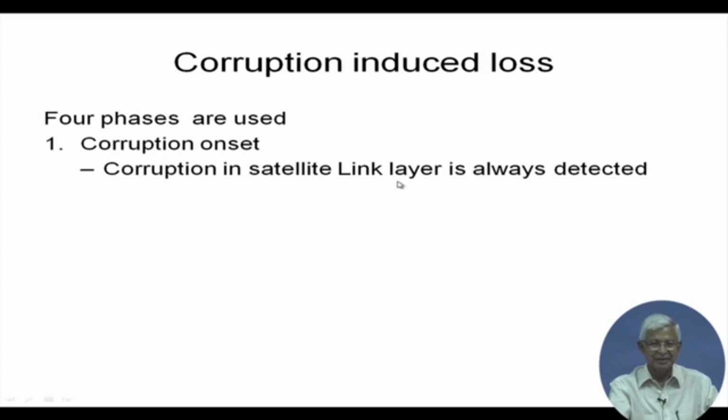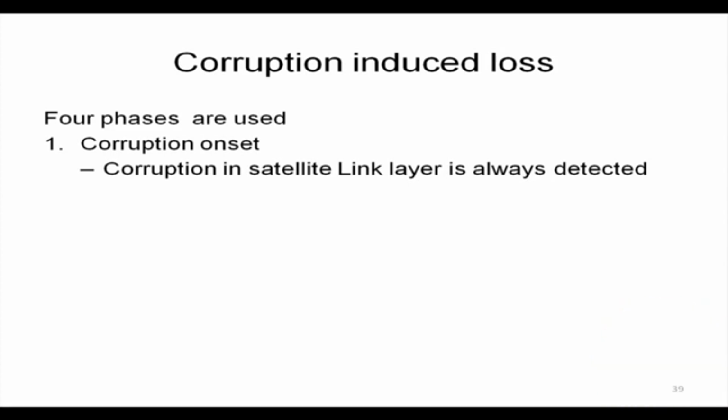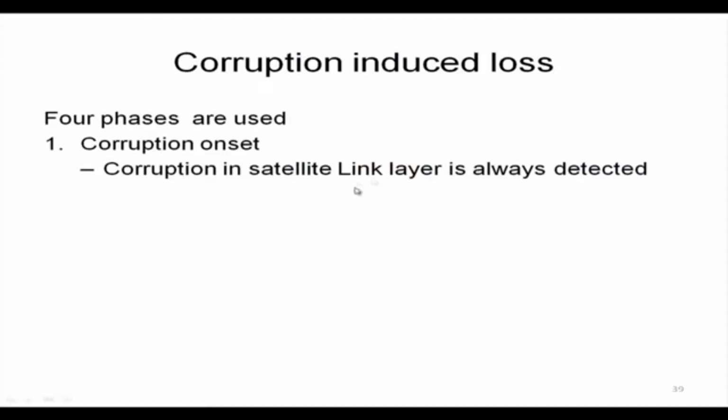The link layer has a protocol which detects the error. That is, there is a CRC. In the case of TDMA, we have seen the probability of a missed detection, and there are also other error protection checksums. So the link layer somehow knows that an error has occurred.